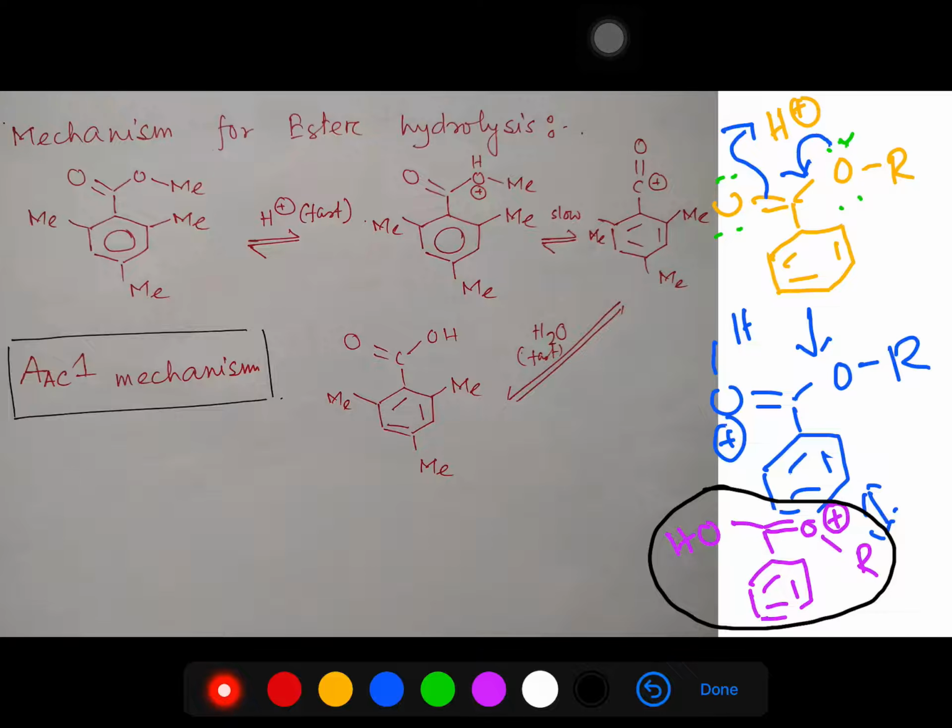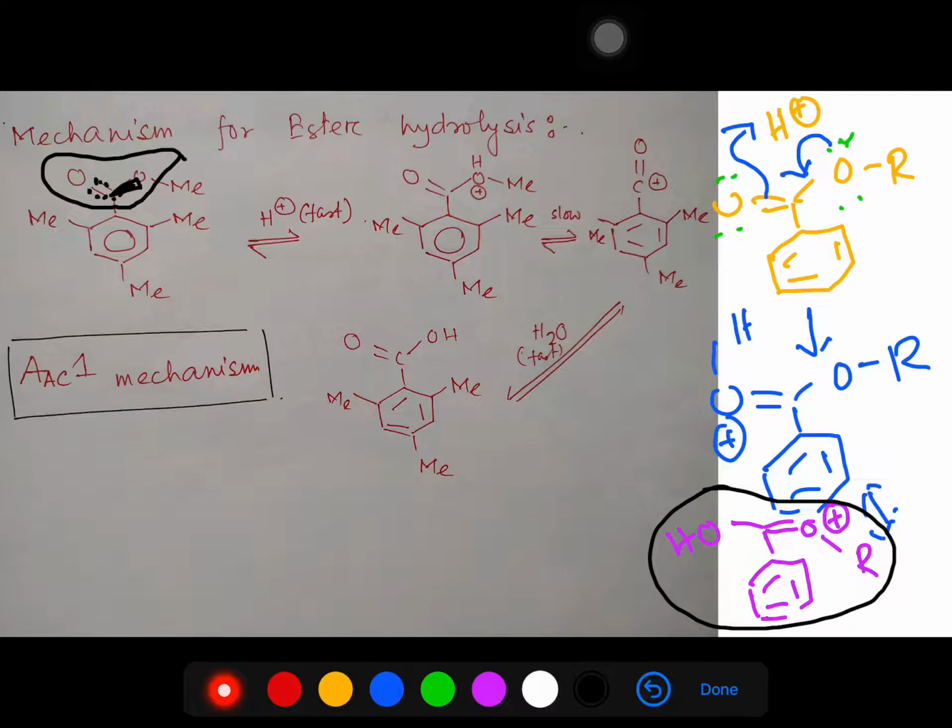Why? See, this is actually a carbonyl group and I told you that it prefers to remain out of plane. So if it is out of plane, it is not in conjugation, and one part goes below, for example, and another goes up.